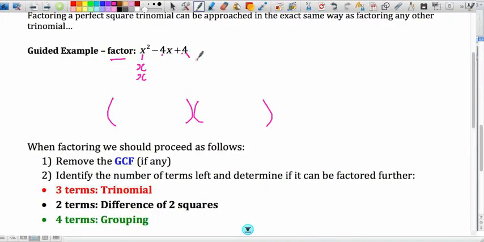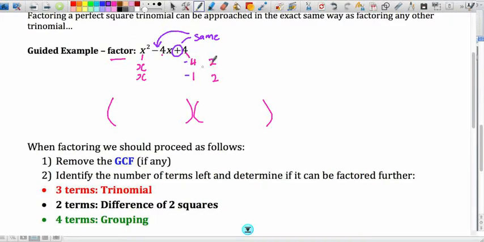Look at the factors of 4, and our options here are 4 and 1, 2 and 2. We can then use the sign to give us information. If it's a positive, we know for sure that the signs are going to be the same. They'll either be both plus or both minus. And then if we look over to the middle term, we can see that they would both be minus.